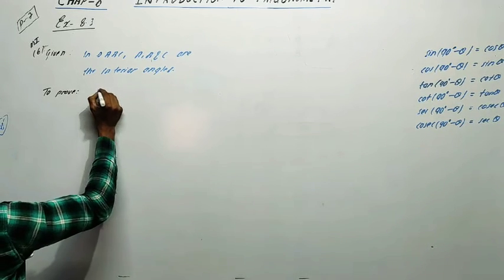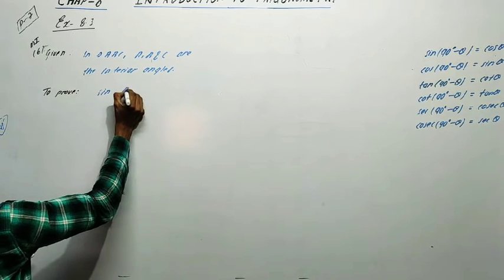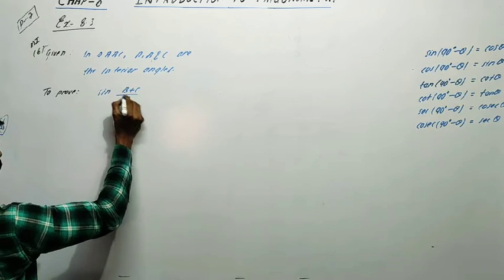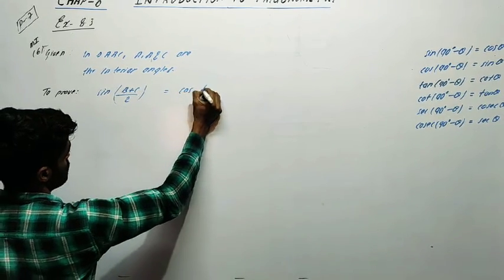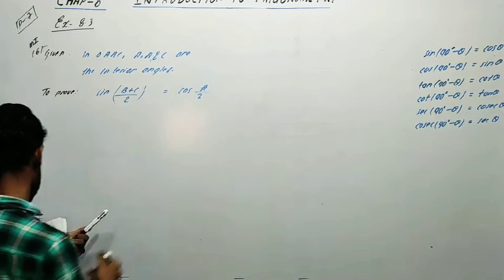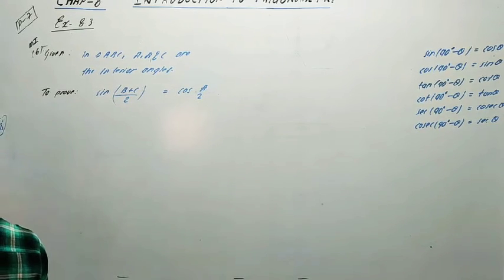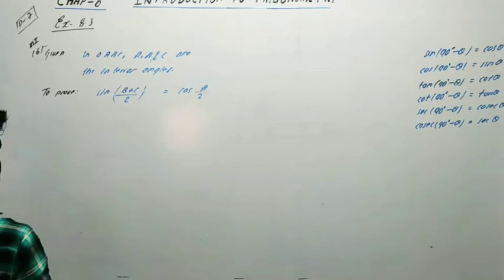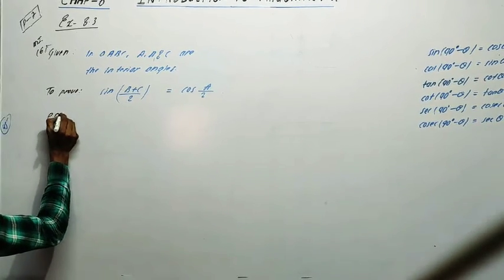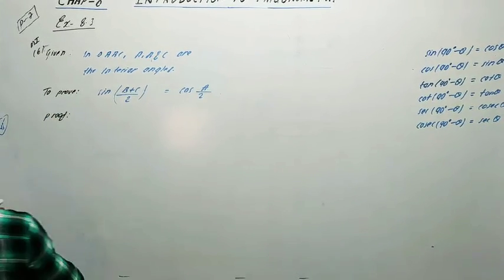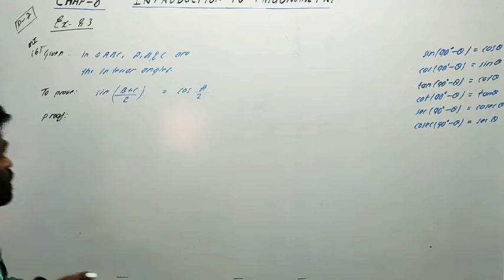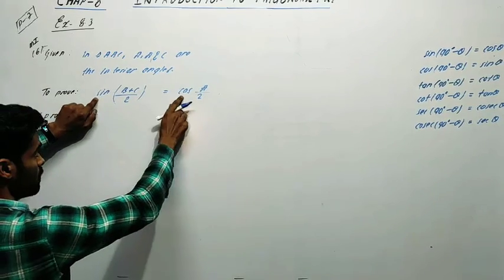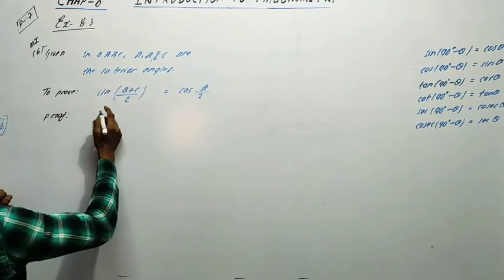sin of (B plus C) upon 2 is equal to cos A upon 2. Proof: again we will follow the same procedure, converting either sine in the form of cos or cos in the form of sine.